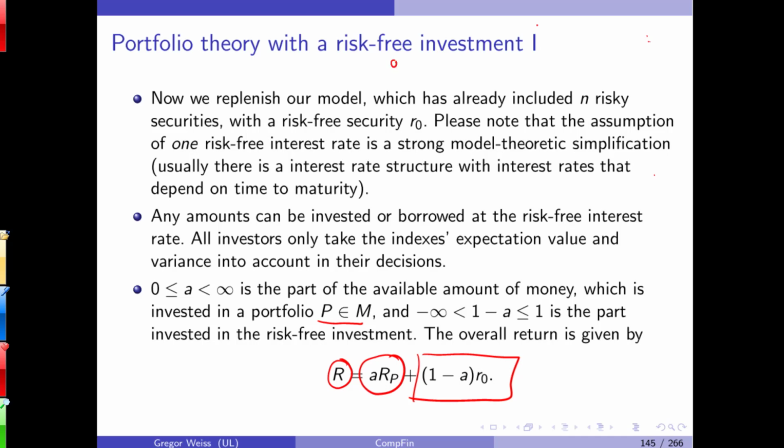The general formula would be A squared times sigma P squared plus (1 minus A) squared times sigma of R0 squared plus 2A(1 minus A) times the covariance. But again, as the risk-free investment is deterministic, the other terms are 0, and this is the only part that is left. Quite simple.